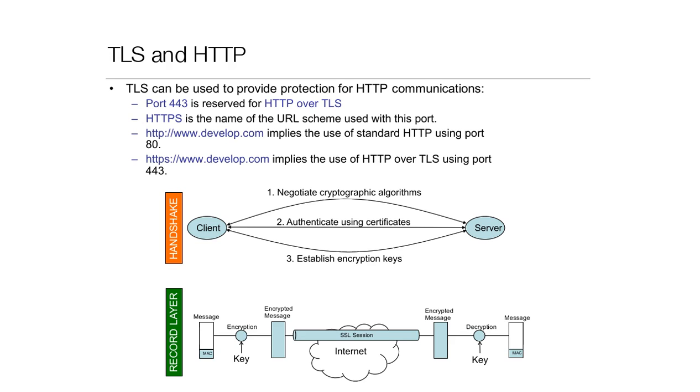So at this point, to negotiate the cryptographic algorithms, client and server discuss, okay, for signature generation, we should use this algorithm. They choose one algorithm for signing. They choose another algorithm for block ciphering. There can be many algorithms for block ciphering like 3DES, DES, and AES. Among them, they agree that we will use AES.